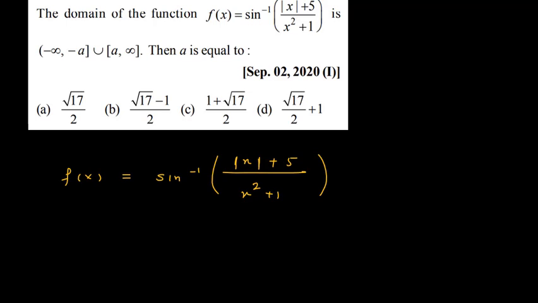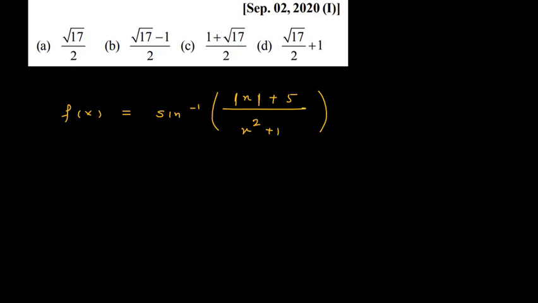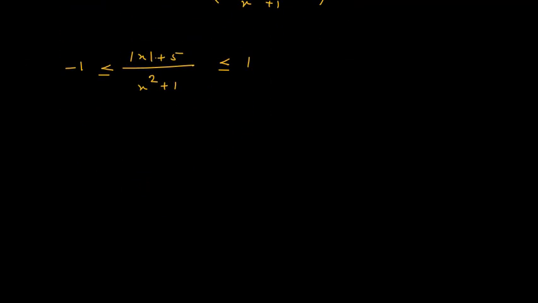So here you know that sine inverse is defined only for minus 1 to 1. So that means we can say that (mod x plus 5) divided by (x square plus 1) will be greater than or equal to minus 1, and less than or equal to plus 1. Okay, so from here I can get two equations. Now here, the numerator is mod x plus 5, so that will give you a positive value. The denominator is x square plus 1, that will also give you a positive value.